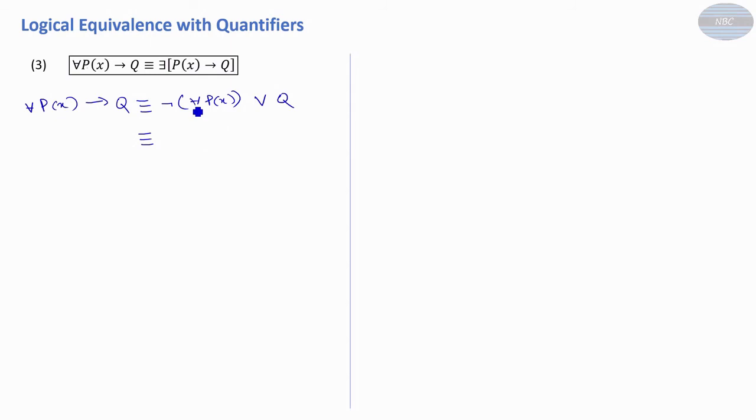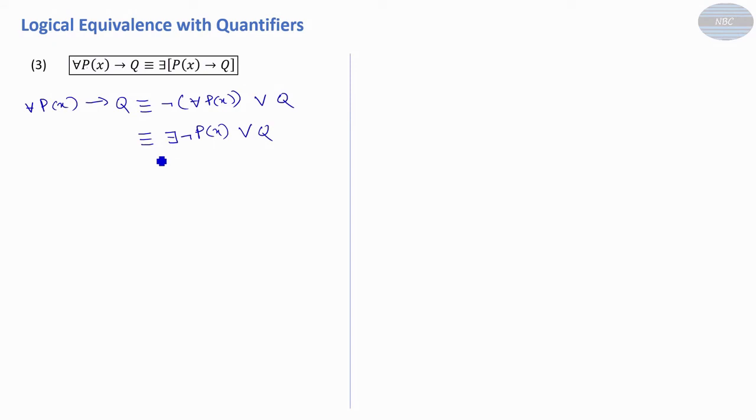Now if I take this negation inside the parenthesis, then this universal quantifier will become an existential quantifier. So there exists x, not P(x) or Q.